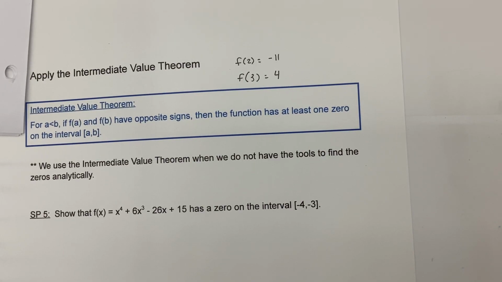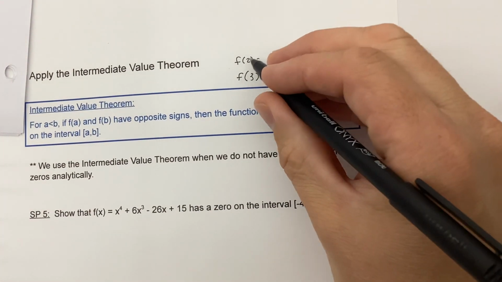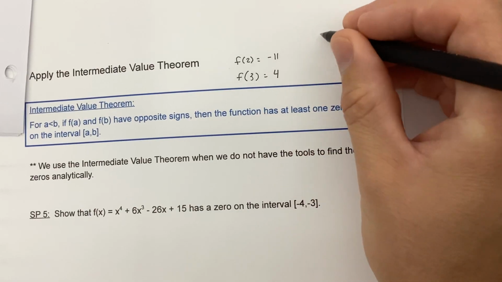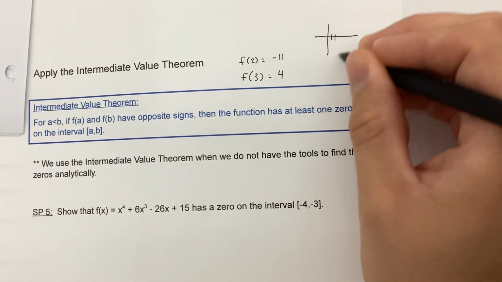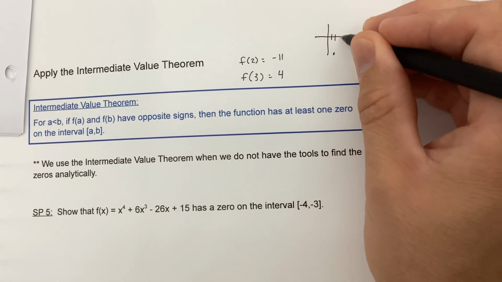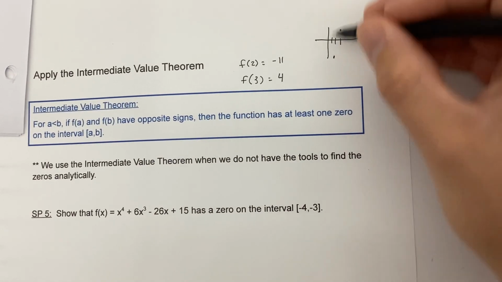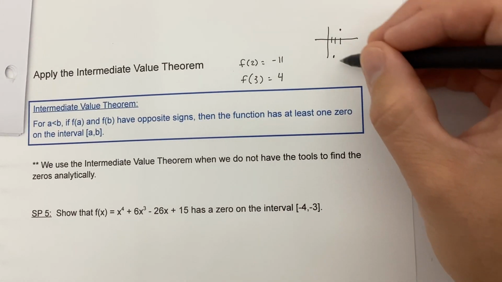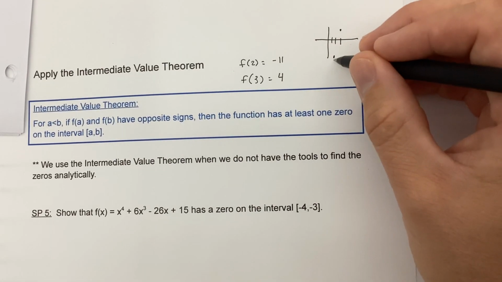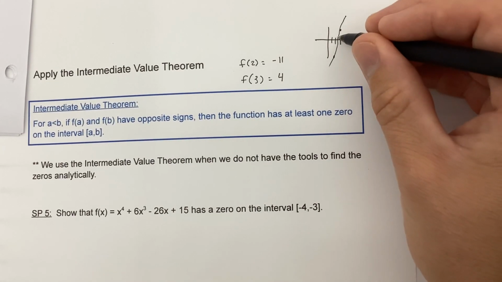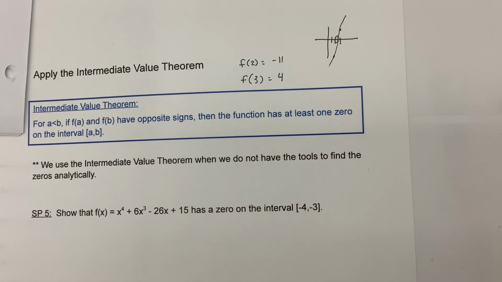Well, we're guaranteed to have something go through the x-axis at least one time. If f of 2 is negative 11, way down here, and f of 3 is 4, again, if it's a continuous function, maybe it's a curve, maybe it's a line, maybe it went through there a couple of times. But at the end of the day, it had to go through there somewhere at least one time.